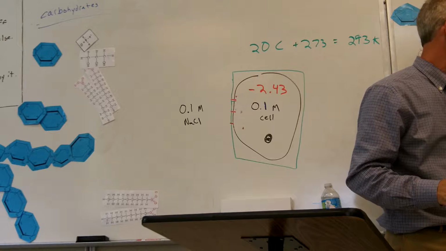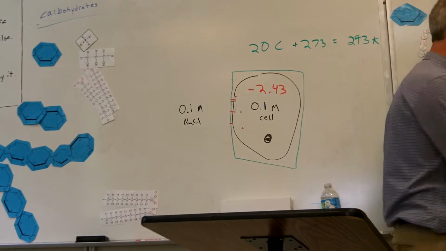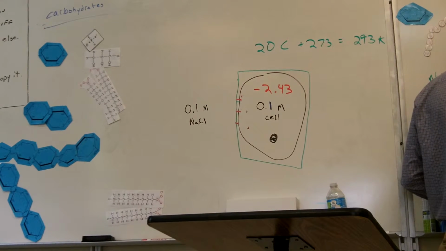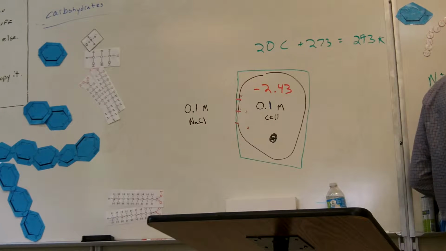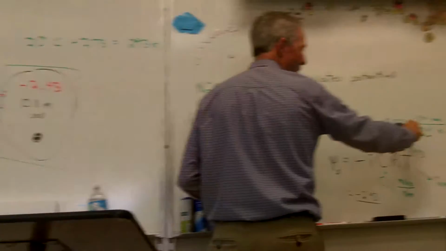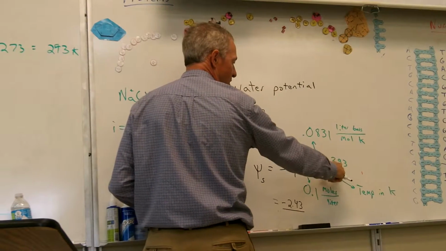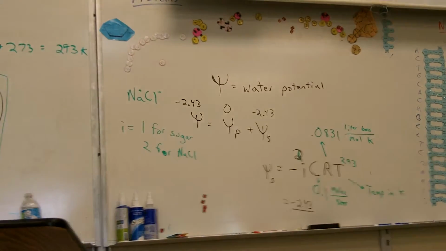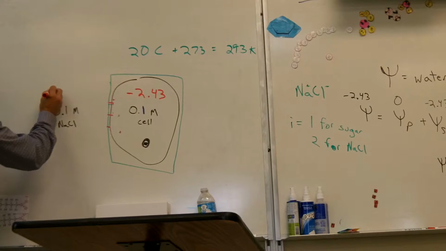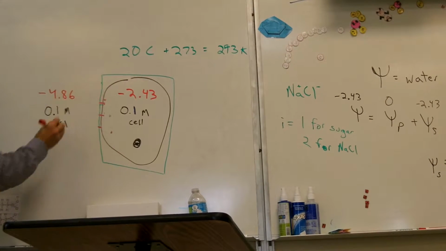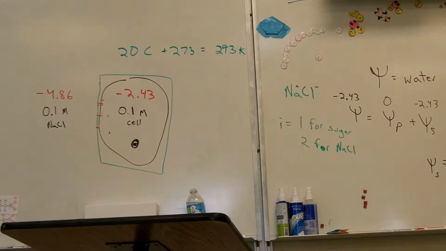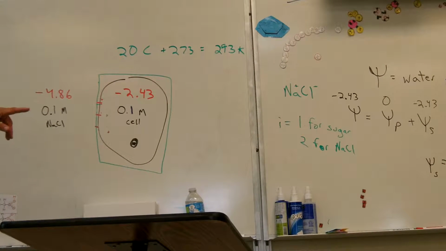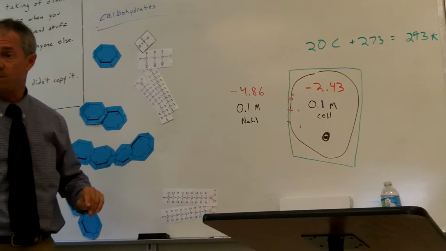So what's i? 2. You change the i to 2. What's the C? Still 0.1. What's the R? It's always that number. What's the T? Let's say it's also 293. What do we get on this side? Negative 4.86. That's the solute potential, and since there's no pressure, it's also the water potential.